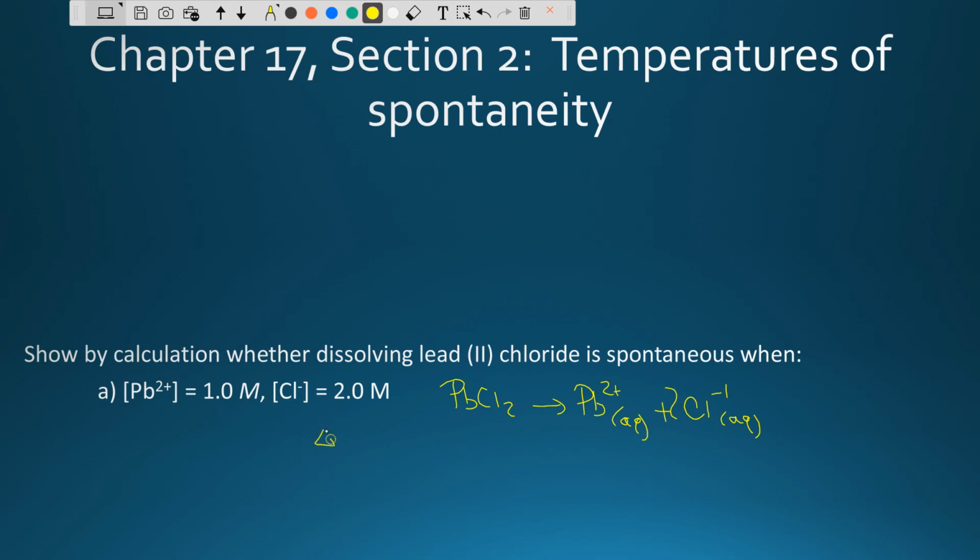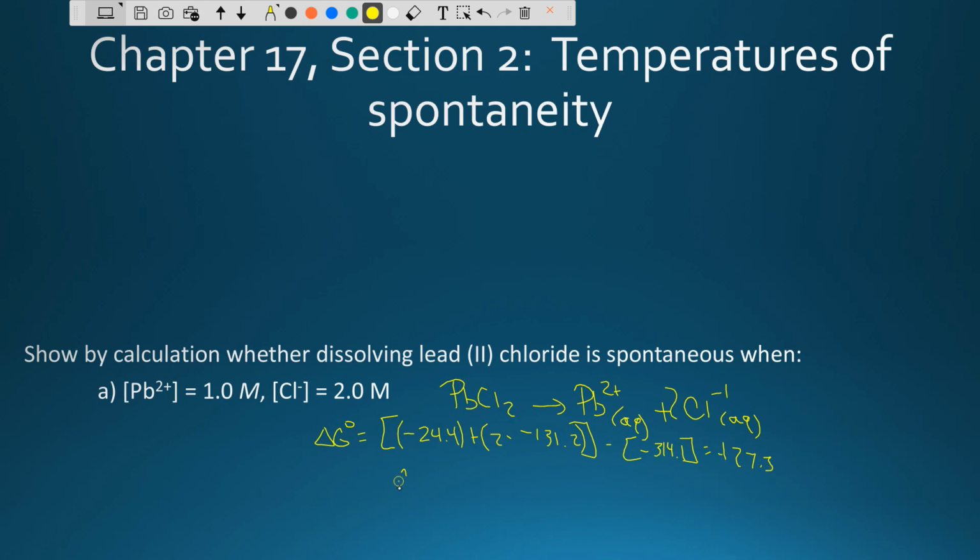Well, in the first case, I see that my delta G is going to be, if I just look up values, my lead ion and my chloride ions, I have a 24.4 plus my 2 times negative 131.2. That will be subtracted off now by my lead chloride, and that's a negative 314.1. That gives me a value of 27.3.